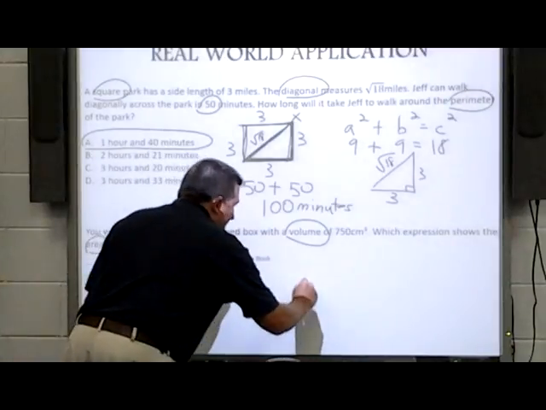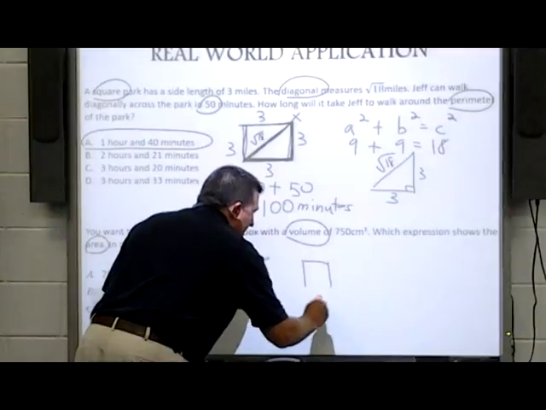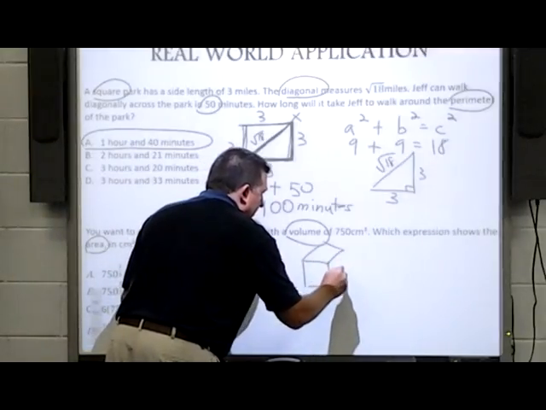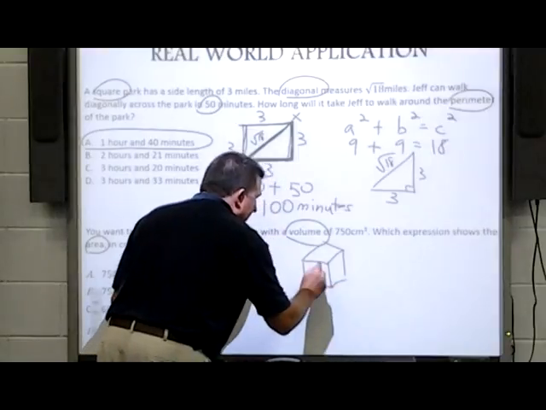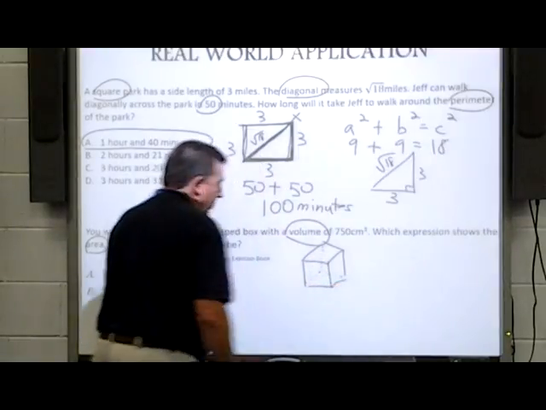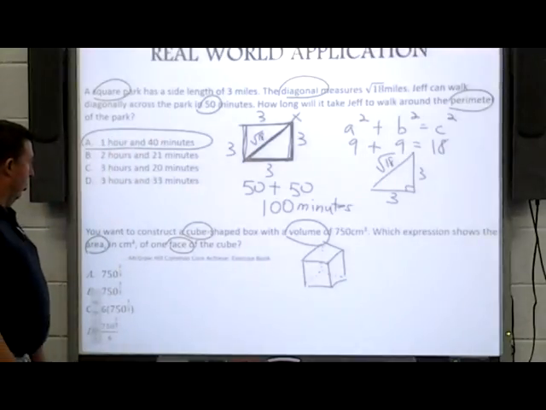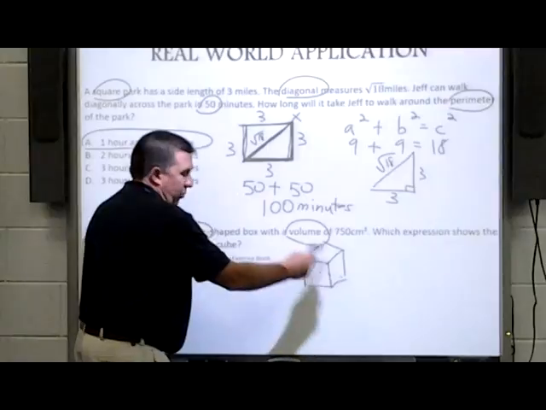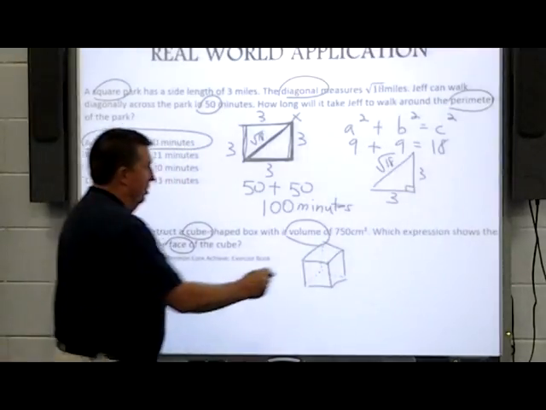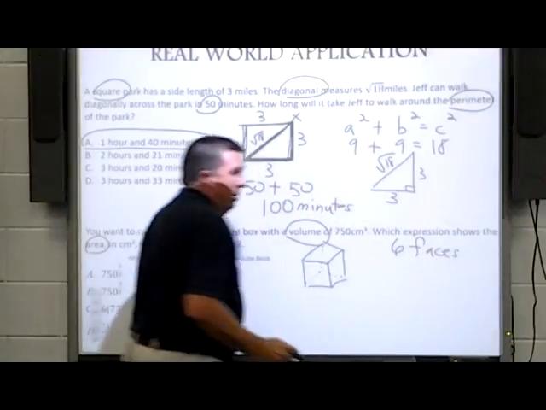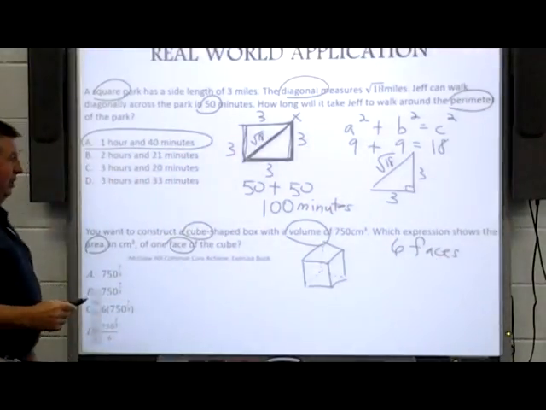So if you look at a cube, cube has top, bottom, 4 sides, total of 6 faces. Each one of them will have the exact same area.